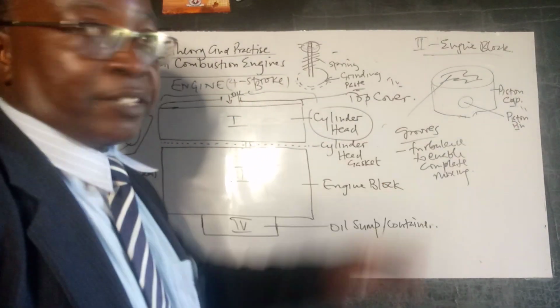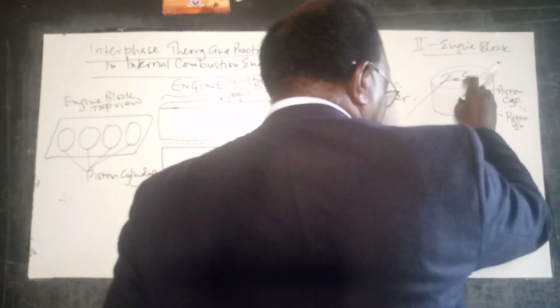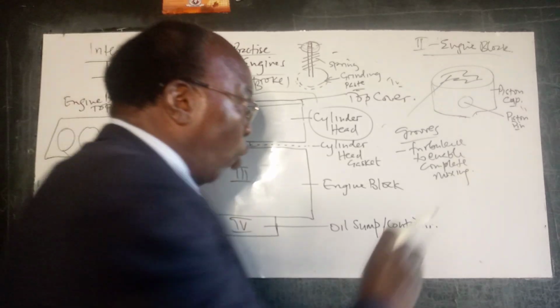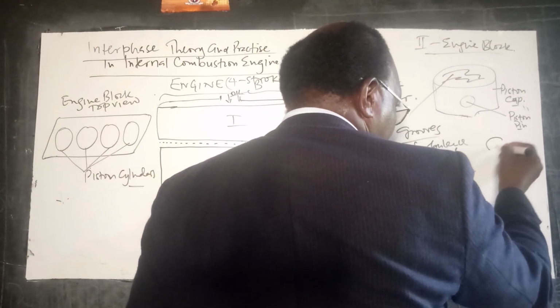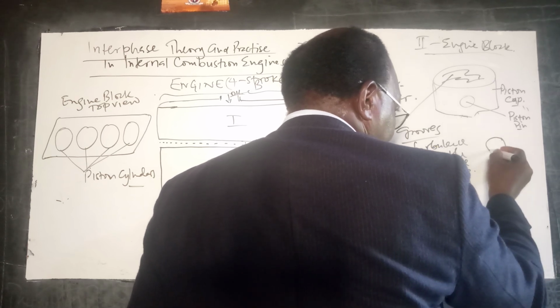So you have your piston cap here. Now, this pin here holds the piston rod. You can draw the piston rod in this manner.